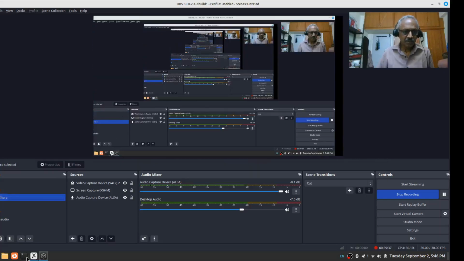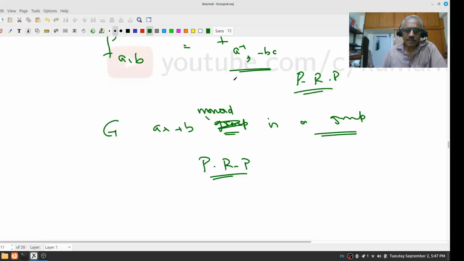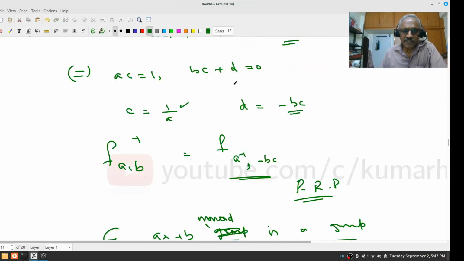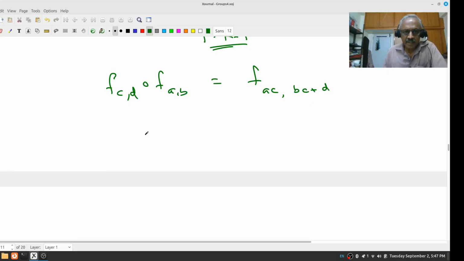Now let's do this. And this is non-abelian. You can see that. Why? Because f of (c, d) composite f of (a, b), we saw it is f of (ac, bc plus d), if I remember right. So interchange them. F of (a, b) composed with f of (c, d) will be what?